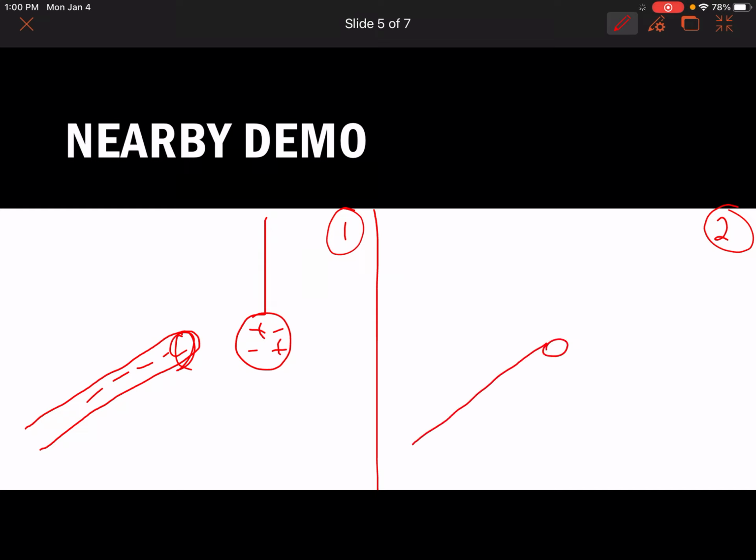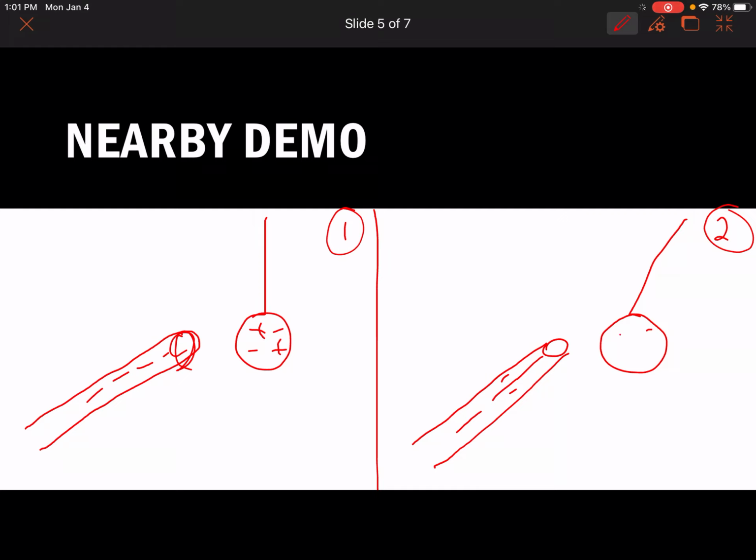Now I'm just going to redraw the rod here. So these are my negative charges here. So the pith ball is actually going to be attracted to that rod. Now, what you end up seeing happen in the pith ball is a separation of charge.